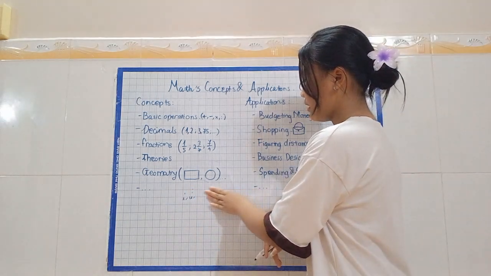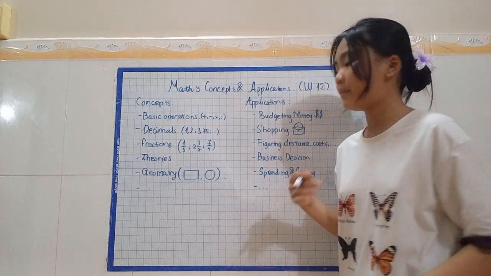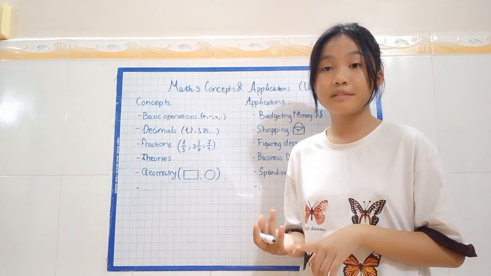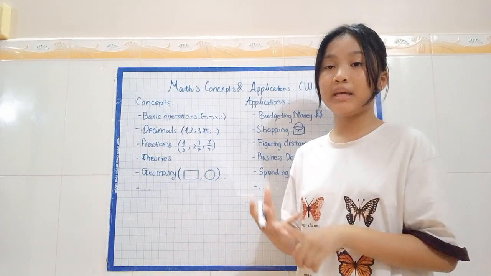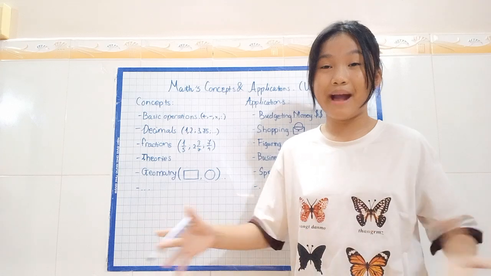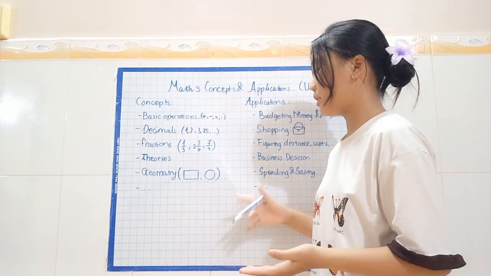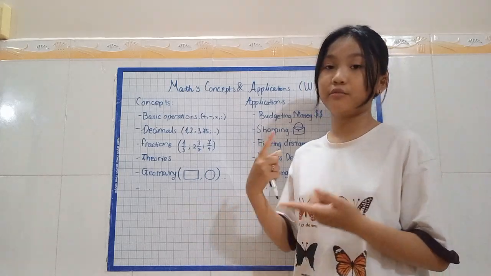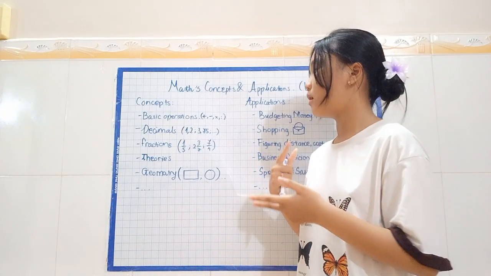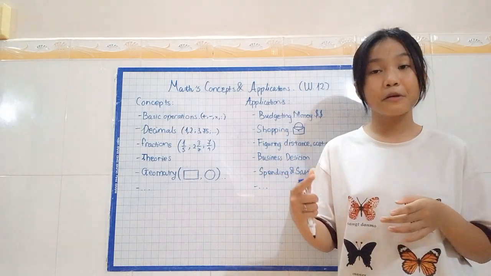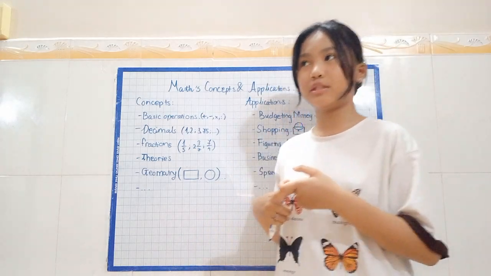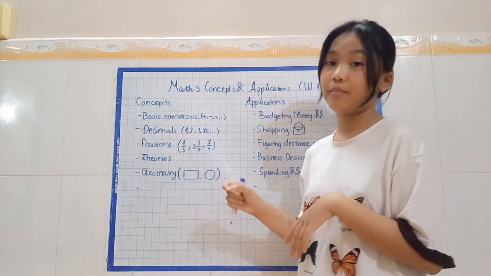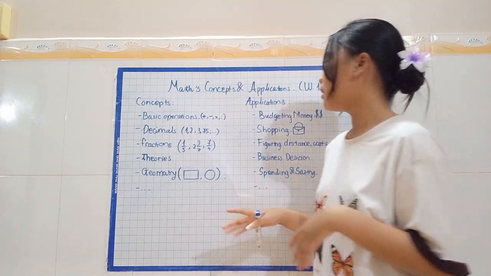A lot of situations where people could use geometry are calculating the area of something like a piece of paper or even a massive area of land, which is so important. And so in geometry, we do not just learn about rectangles or circles, we learn about various shapes such as two-dimensional shapes or three-dimensional shapes, which are very important for our life applications.